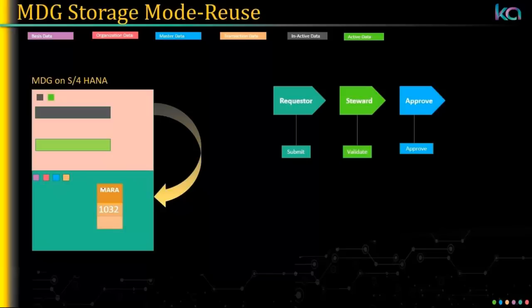So after approval, there is no data available in MDG. We don't require any additional replication here.